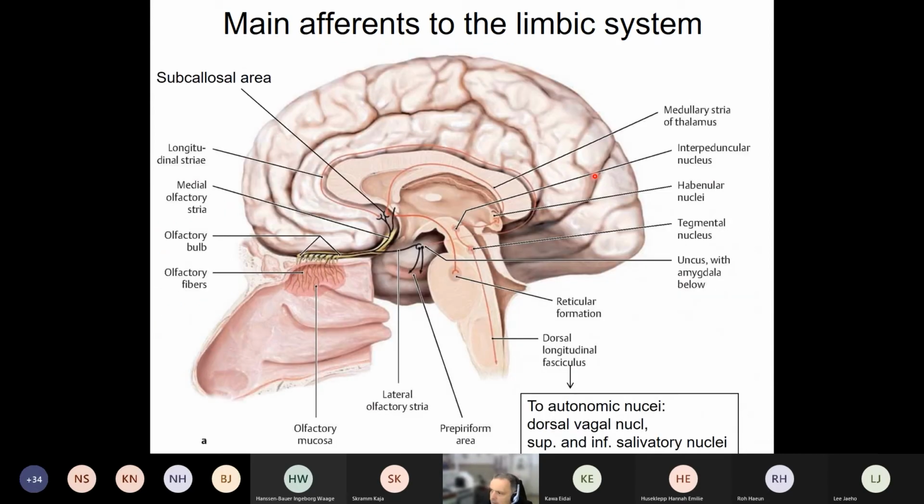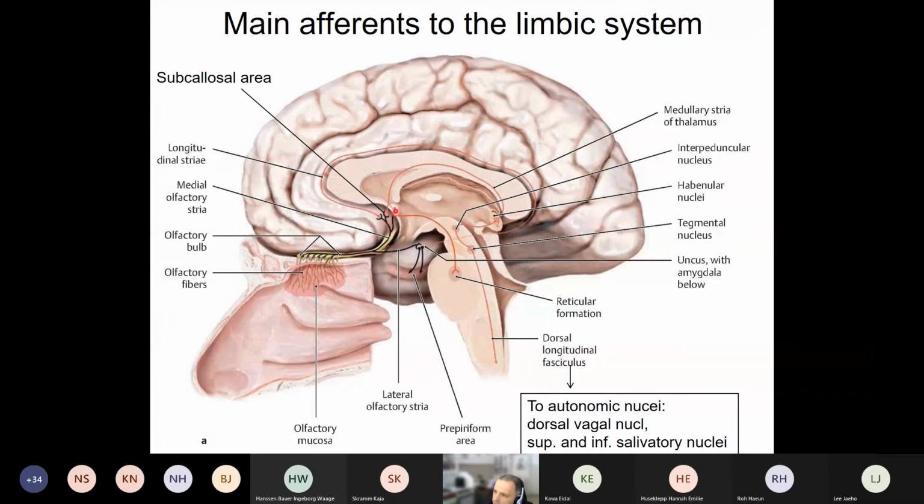And then I would like to continue with this subcallosal area story. I couldn't finish this in the last slide because it was already busy enough, and this has to do also with nutrition, with appetite, and with preparation for feeding.